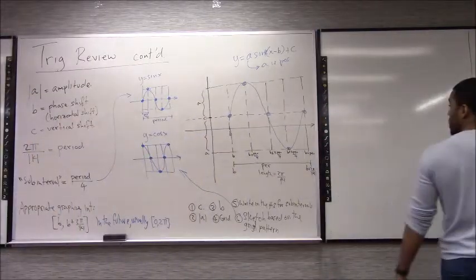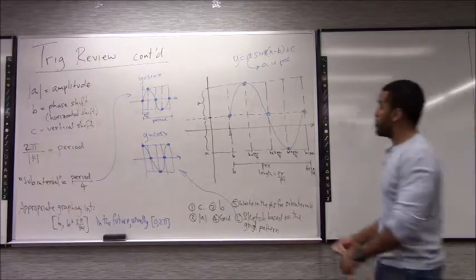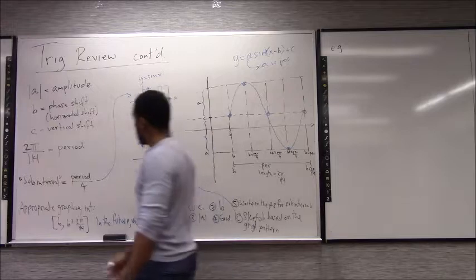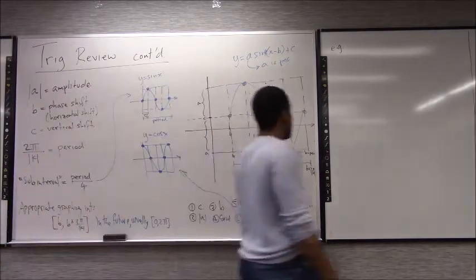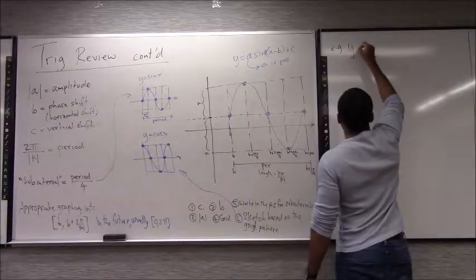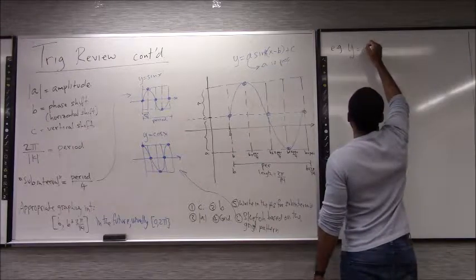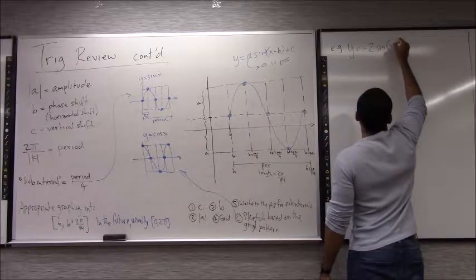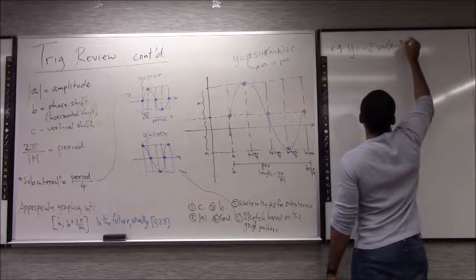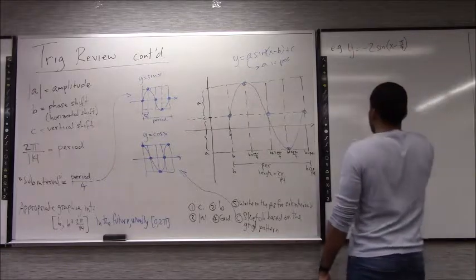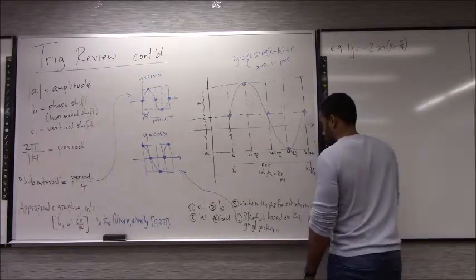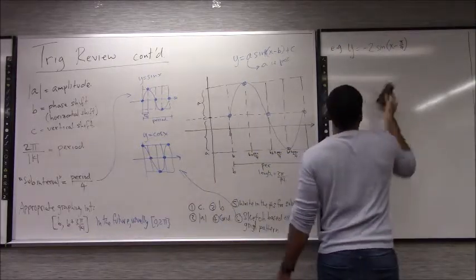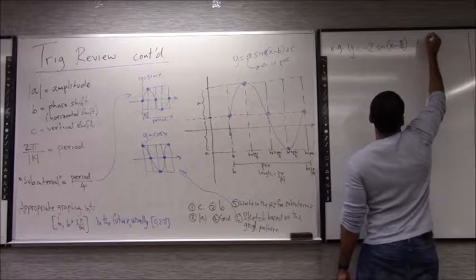So maybe we can do a couple of quick examples. Let's say I have y is equal to minus 2 sine of (x minus pi over 4) plus 1.